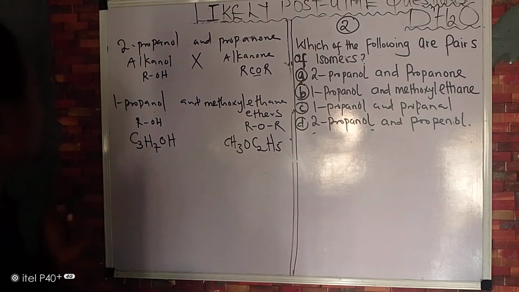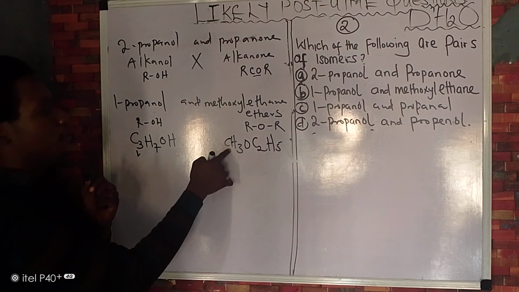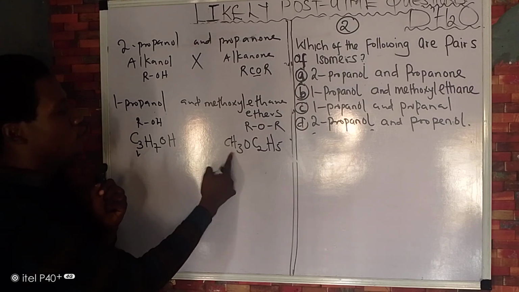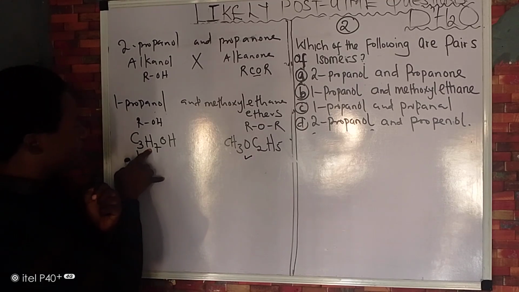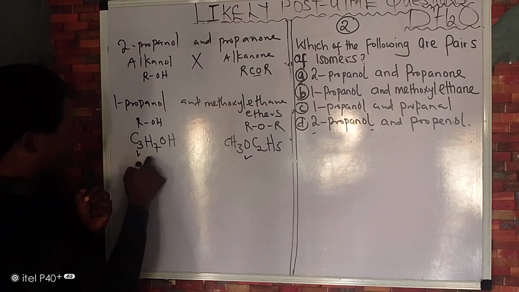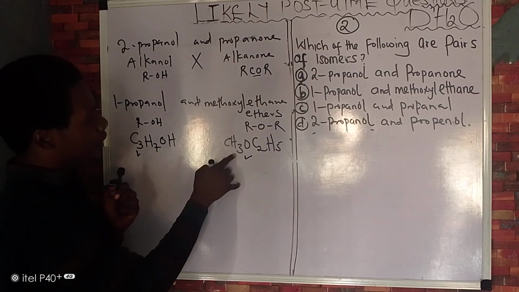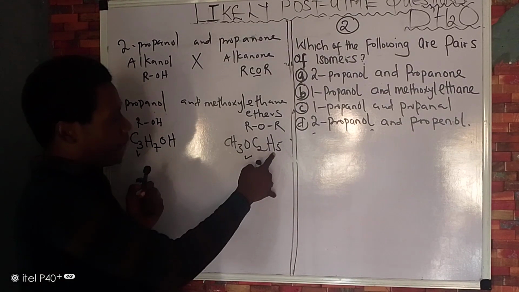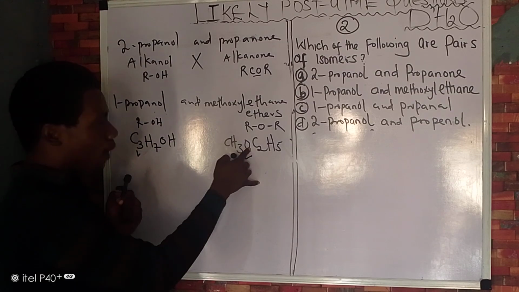In propanol, you have 3 carbon atoms. In methoxyethane, you have 1 plus 2 to give you 3. The hydrogen is 8: here you have 7 plus 1, 8, and here you have 3 plus 5, 8. And then you have the same number of oxygen, 1 oxygen, 1 oxygen.